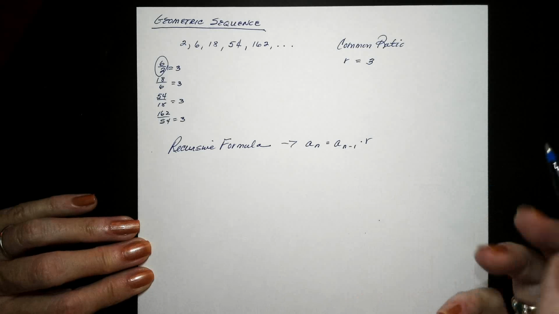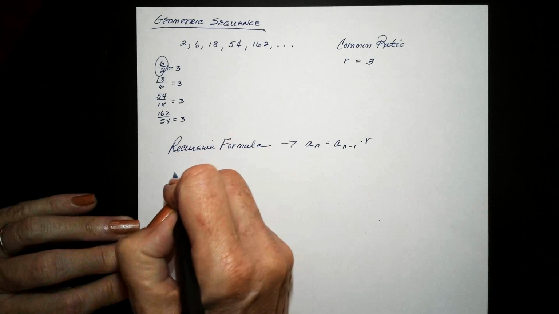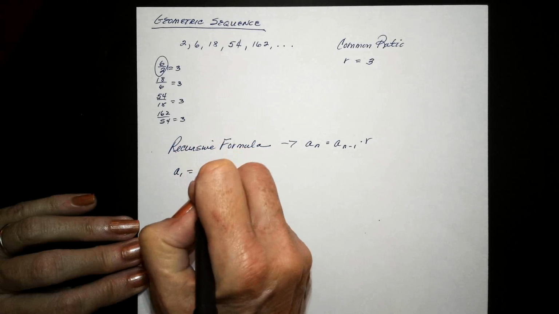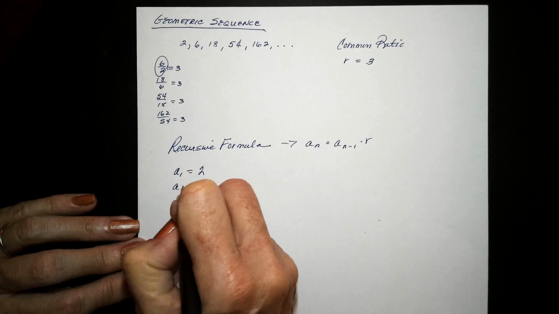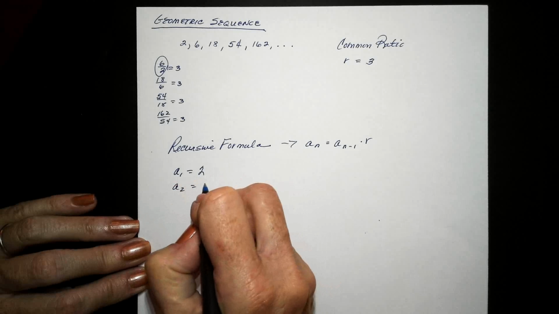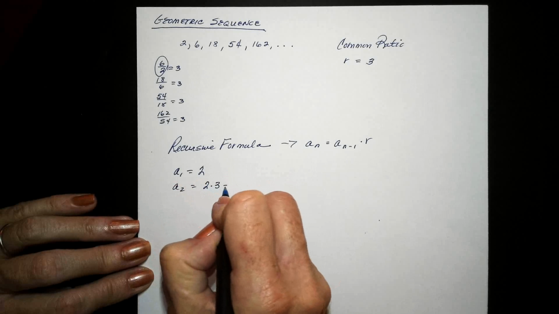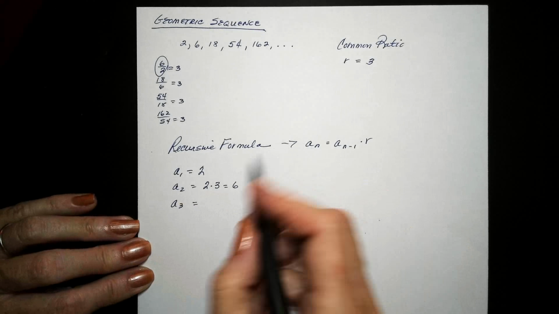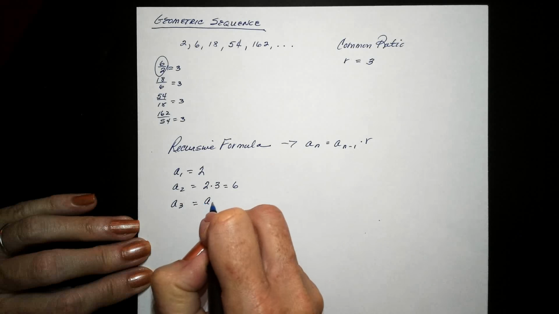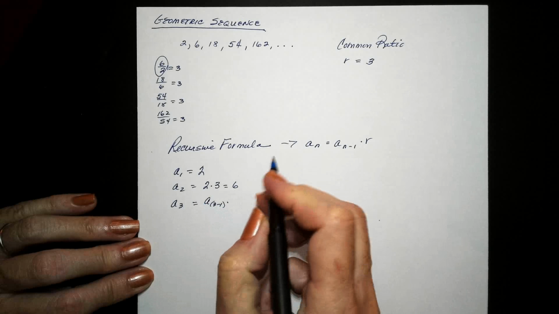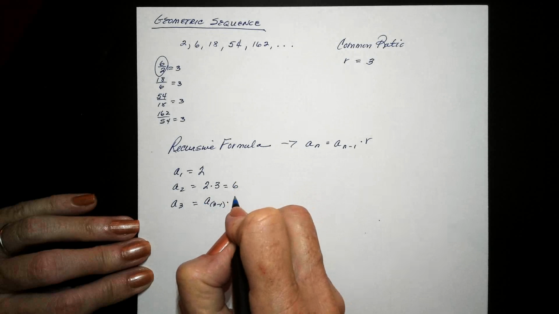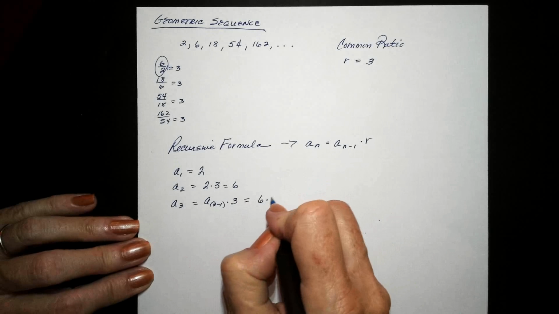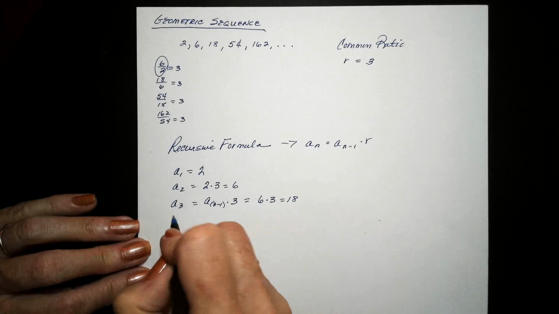Okay, and it would just be the same as that I have. A1 would equal 2, and then A2 would equal 2 times 3, which is 6, and then A3 is going to have to equal A3 minus 1 times the ratio of 3, which is going to be 6 times 3, which is 18.